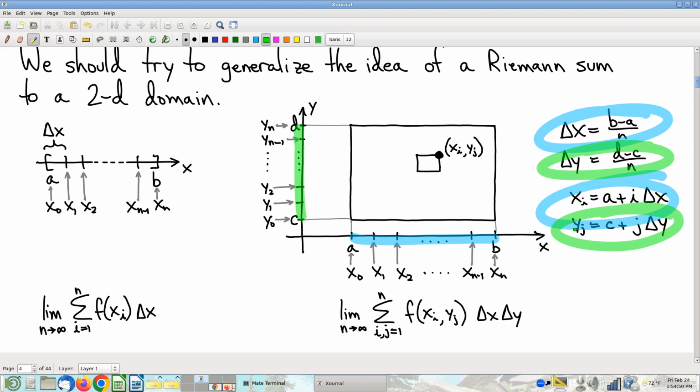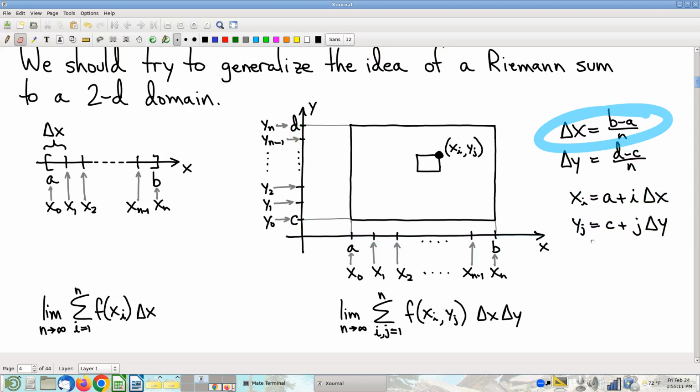Notice that I'm using j as my index on the y-axis. I've already used i as a tool for keeping track of where I am horizontally, so I need a different index. I'm going to use j, keeping track of these subscripts, where I am, in other words, along the vertical axis. Okay. So, there's those details.